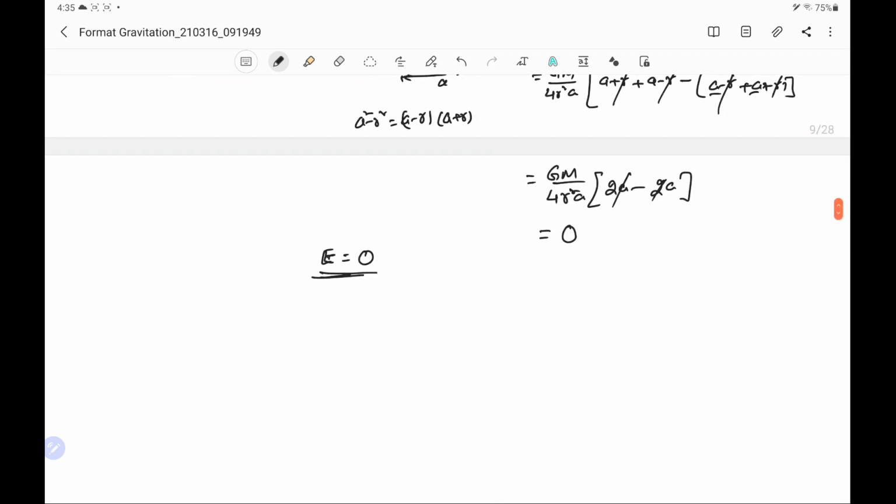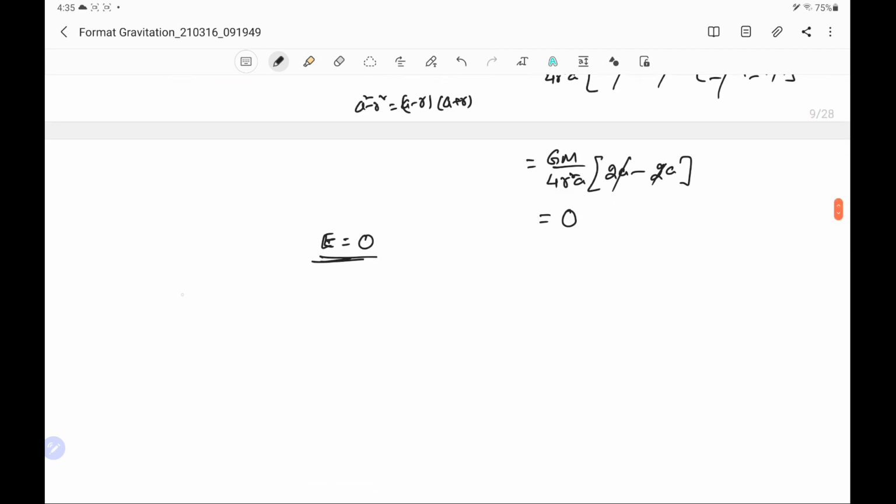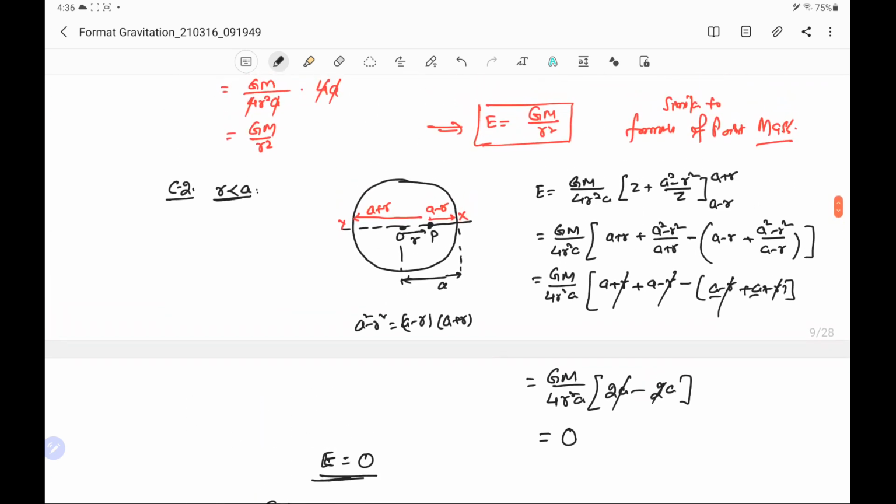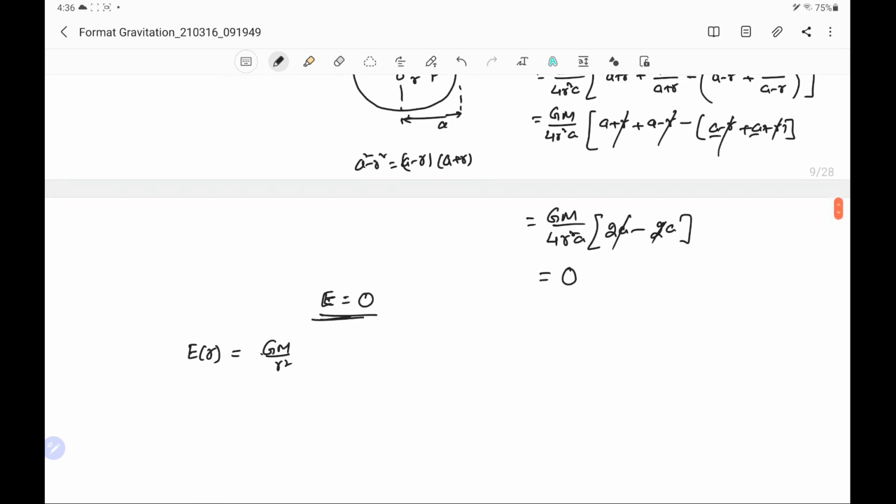So we combine the result that the gravitational field E(R) is equal to GM by R square. We have calculated GM by R square. It is the value for R greater than A, that is, points lying outside the shell.